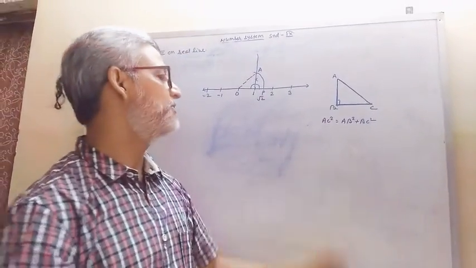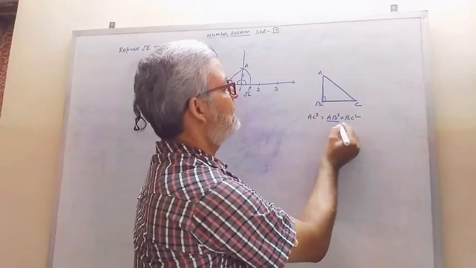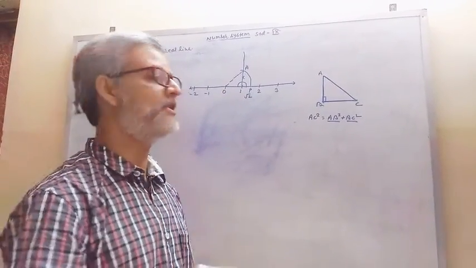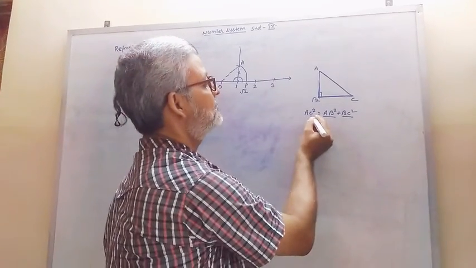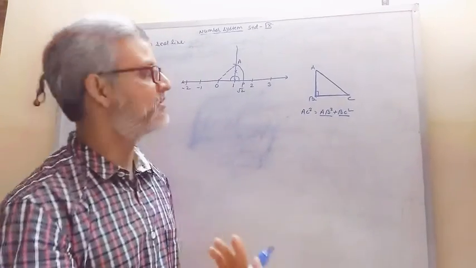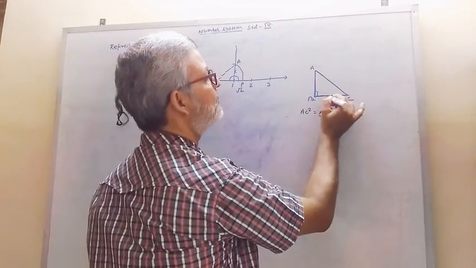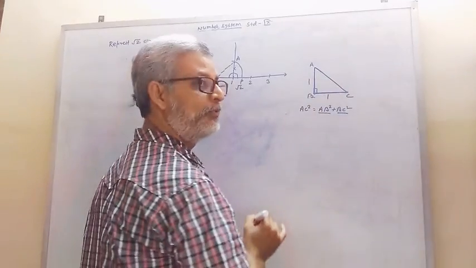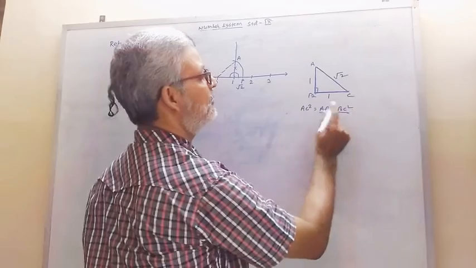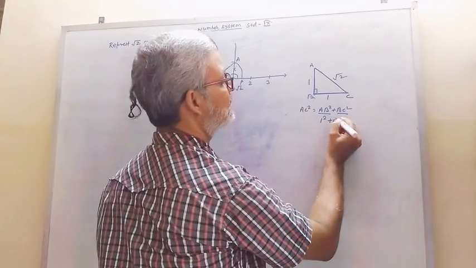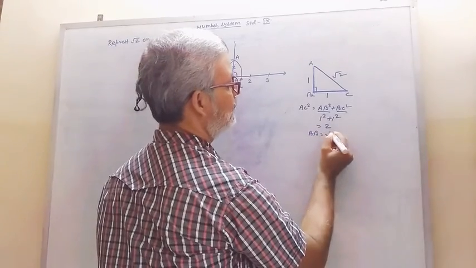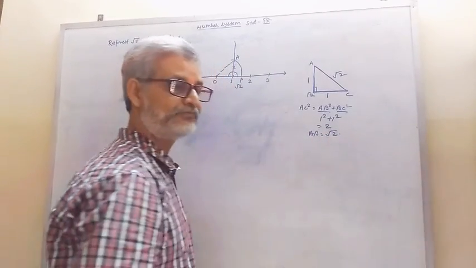Naturally, if we take 1 unit each, then by Pythagoras theorem, 1 square plus 1 square is 2, so AC is equal to root under 2.